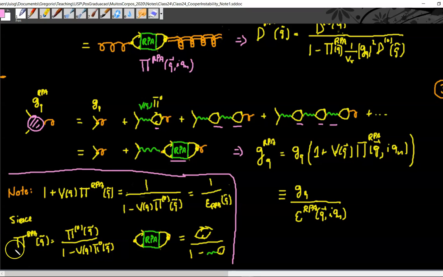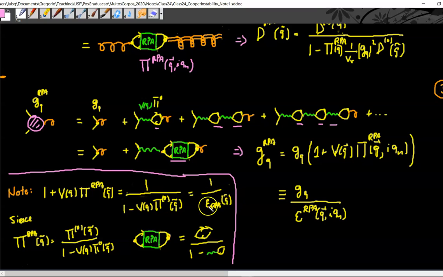So if you multiply this by V of Q and add 1, so 1 minus this on top, you would get precisely this result, right?